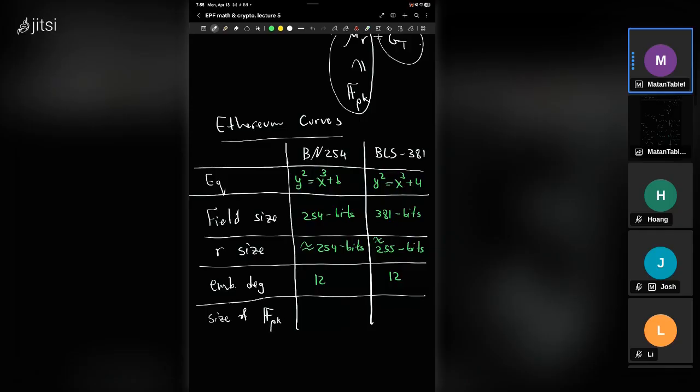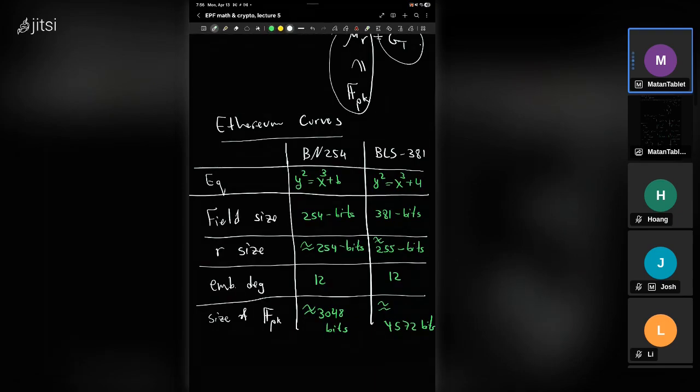The size of F_p^k in the first case is about 3048 bits, and the size of the field in the second case is about 4572 bits.